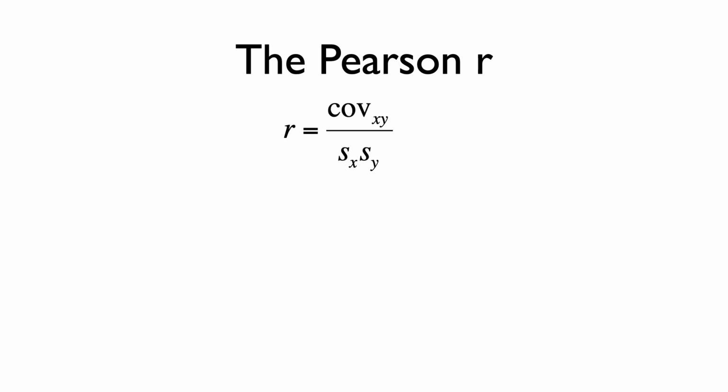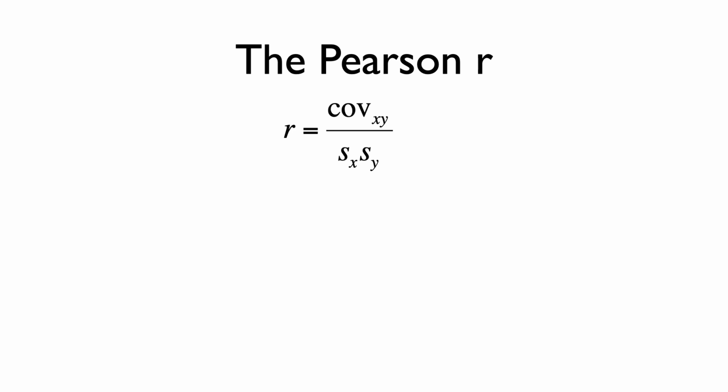You should look at that formula, and I find it intuitively pleasing, because it says these two things together, and we're dividing by the two things completely themselves. In other words, we're going to get a ratio of shared variance to total variance, which is what a correlation is. Very nice.